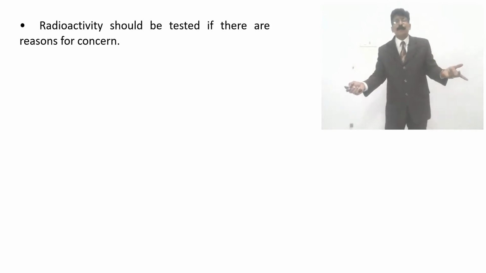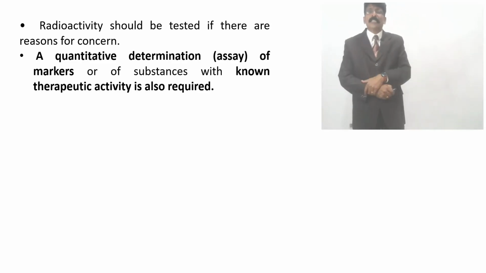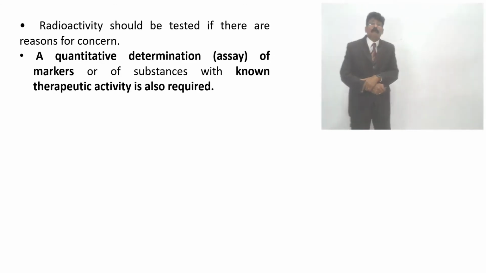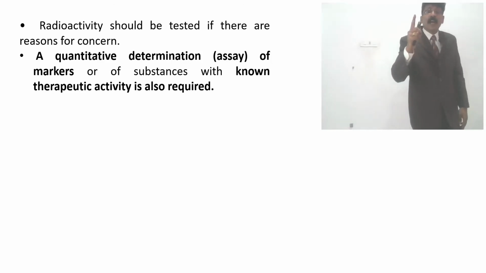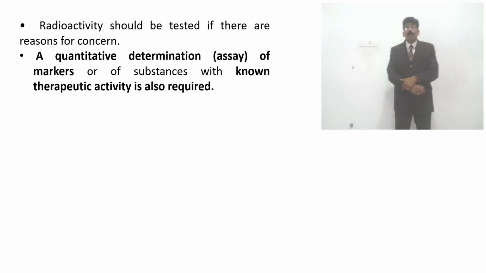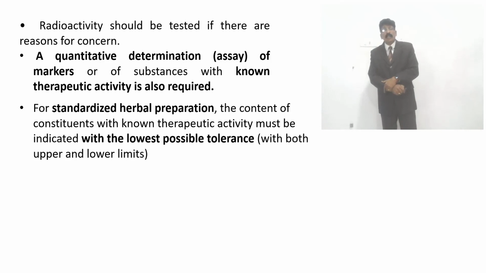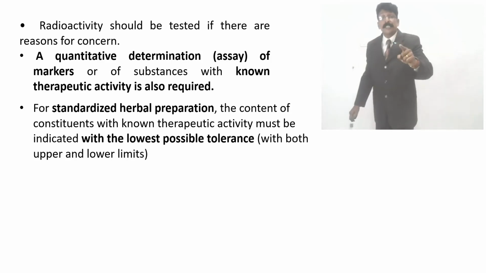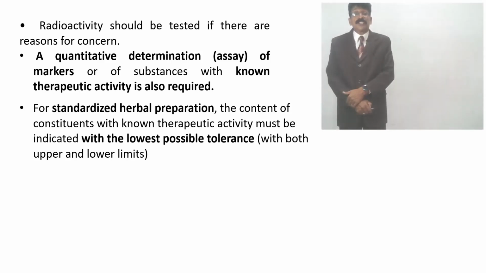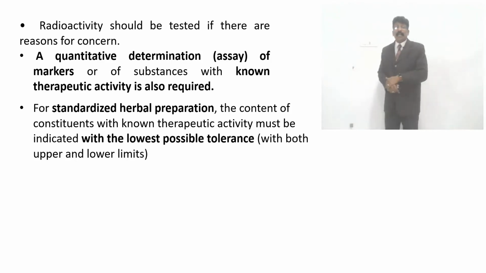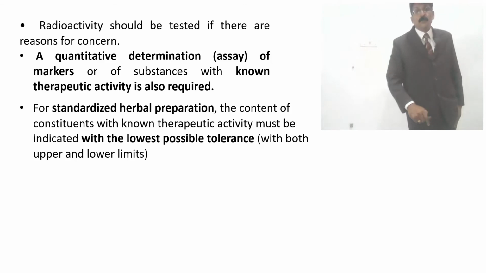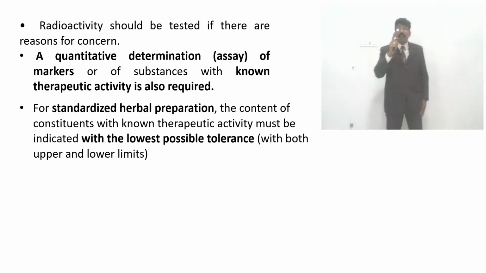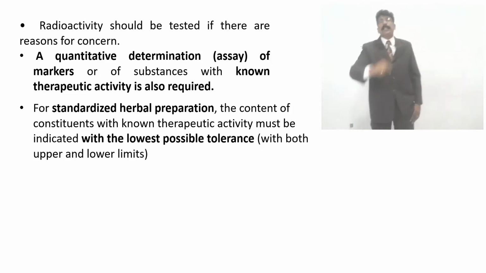Radioactivity should be tested if there is a reason for concern. A quantitative determination assay of markers or of substances with known therapeutic activity is also required. For a standardized herbal preparation, the content of constituents with known therapeutic activity must be indicated with the lowest possible tolerance, with both upper and lower limits mentioned.